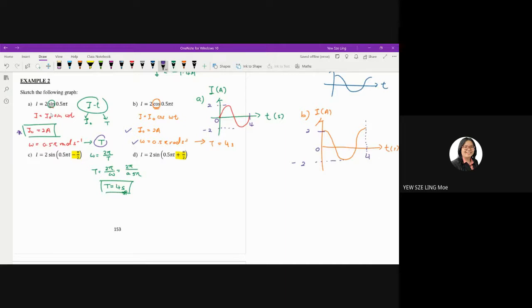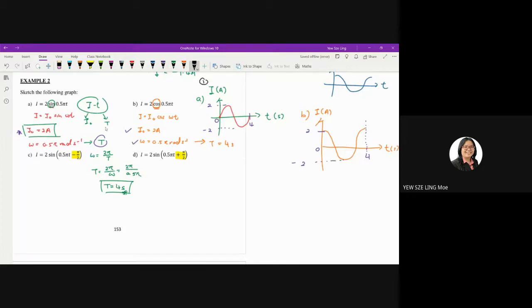You just compare the general equation with the equation given, then you extract the maximum value and also the omega from the equation. From omega, you then determine the value of the period. Once you have the period, you can then plot the graph. So how to plot the graph? First step, you need the axis, so x and y axis.